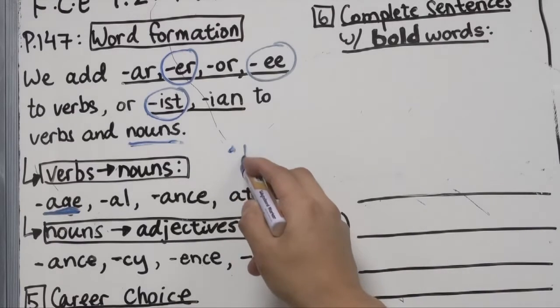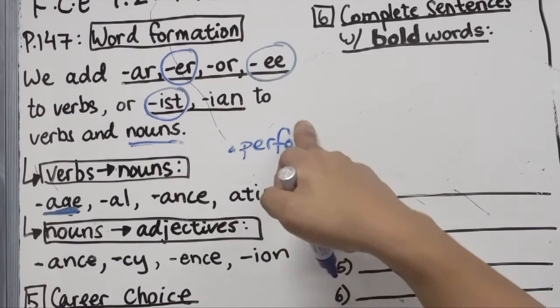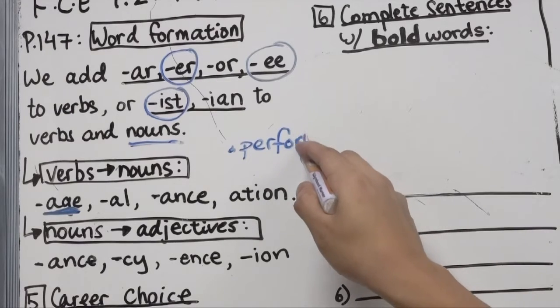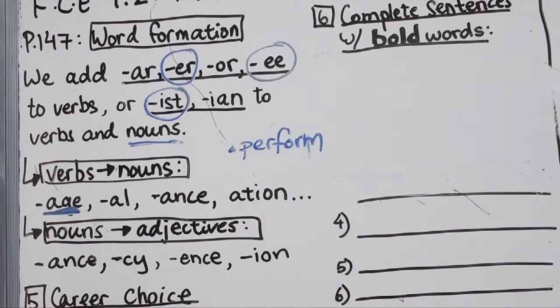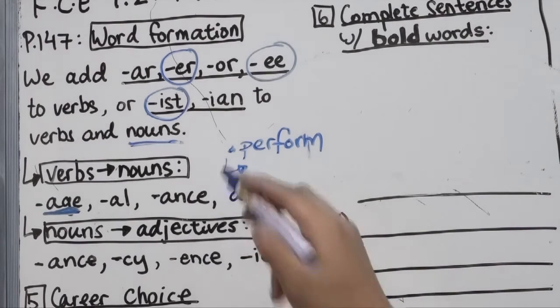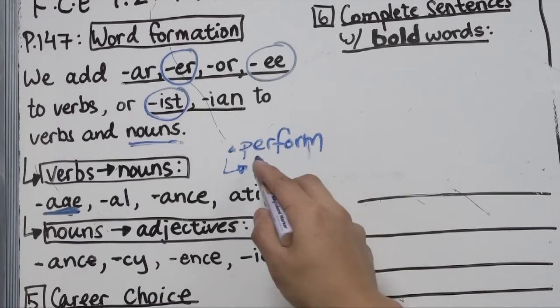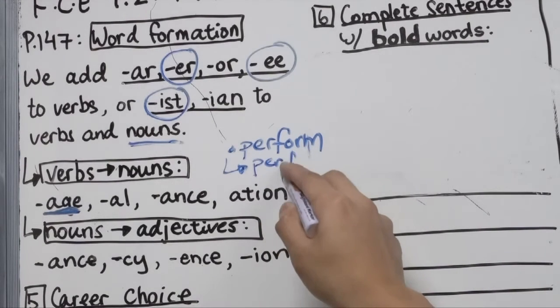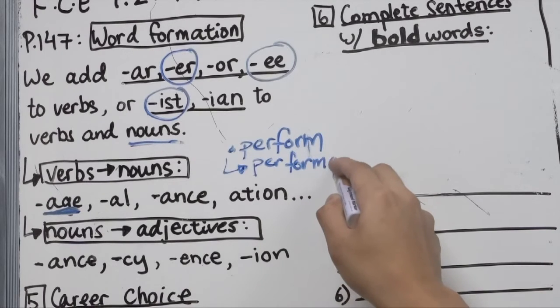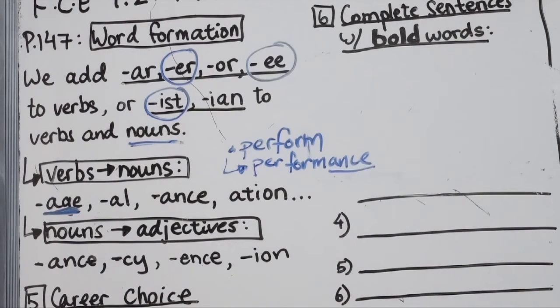We have the word perform. Perform is a verb, it's an action, to play out something. And then we can talk about the activity of performing. We call that a performance. PERFORMANCE, we have the ANCE here.